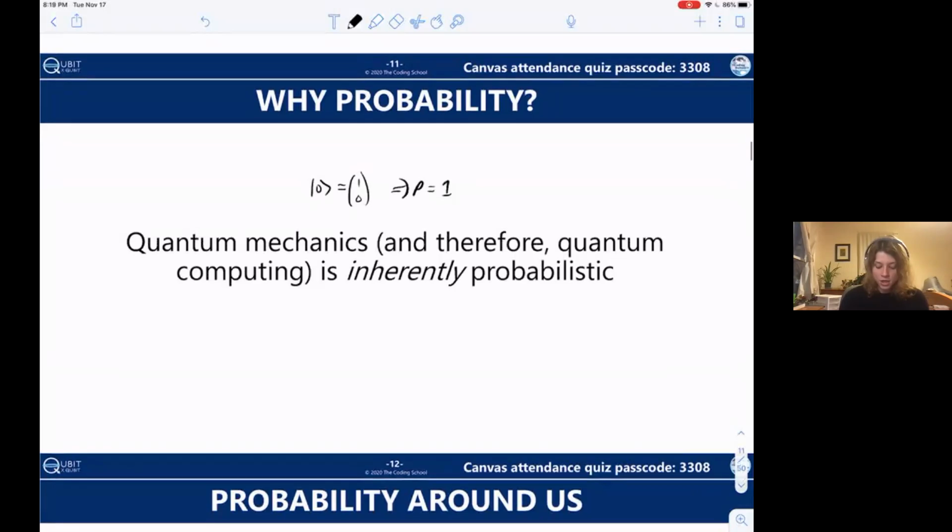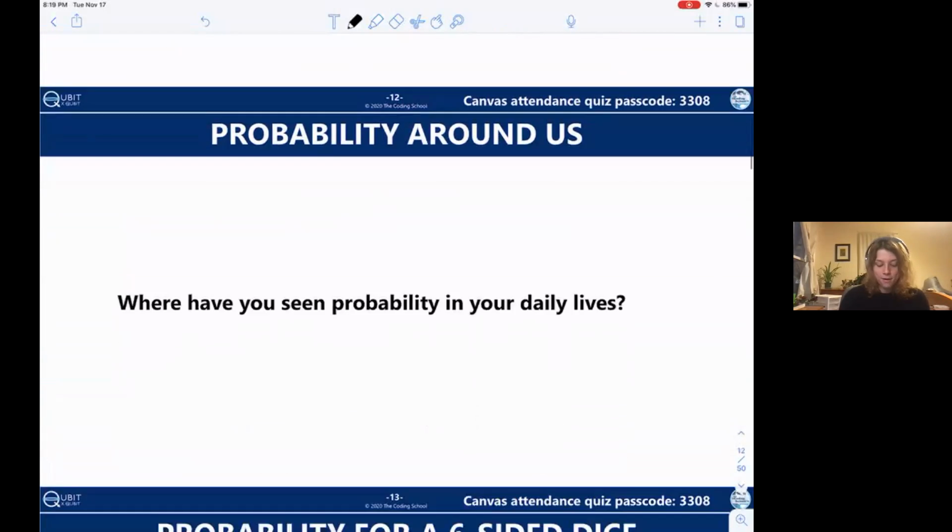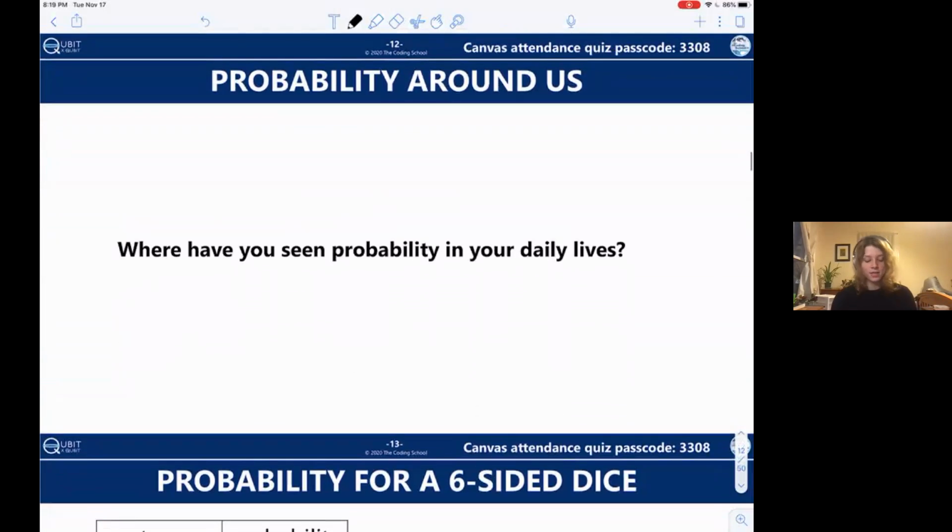So now with that justification, I want to discuss probability that you guys have seen before. If people could put in the chat examples of probability they've seen in their daily lives. I'm sure many games, for example, use probability. Thank you, Naveed, for loot boxes.